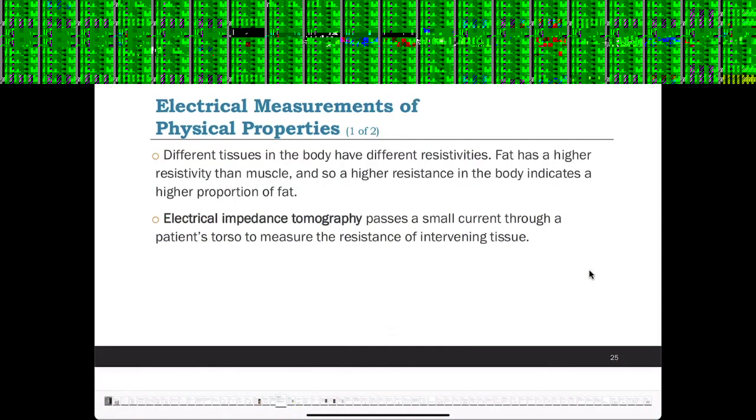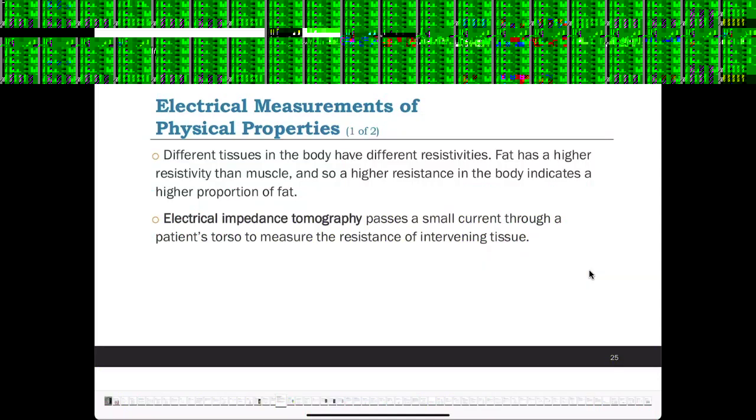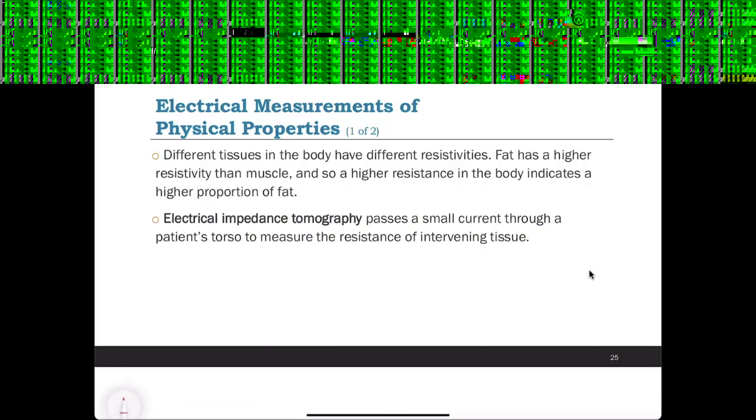Electrical impedance tomography passes a small current through a patient's torso to measure the resistance of the intervening tissue.